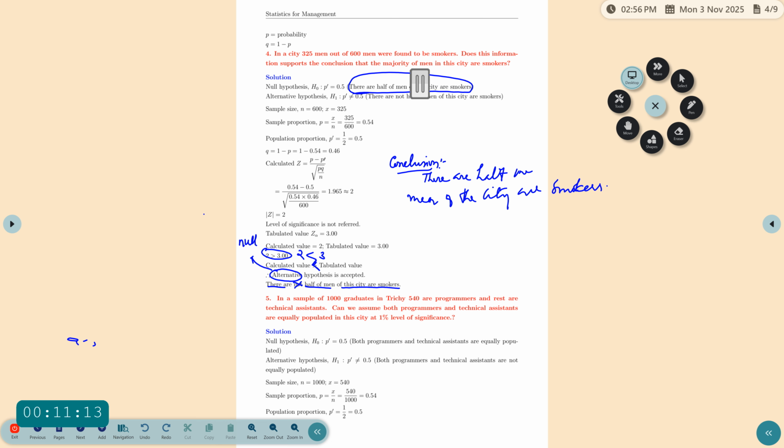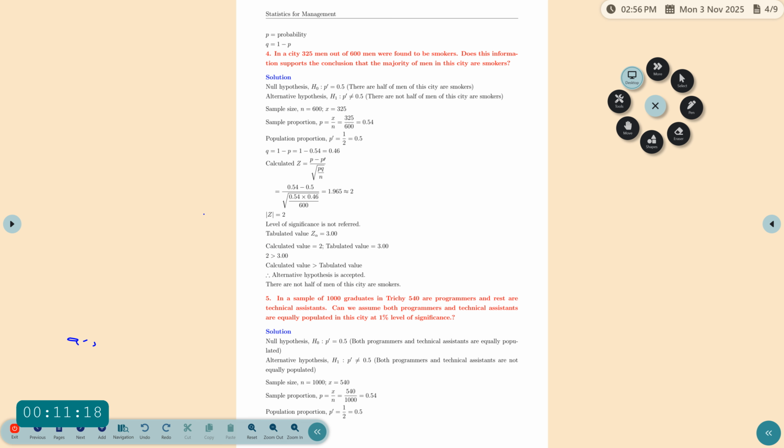Okay, so how to calculate this? I will explain it. Here, the numerator is 0.54 minus 0.5, and then the division symbol comes.